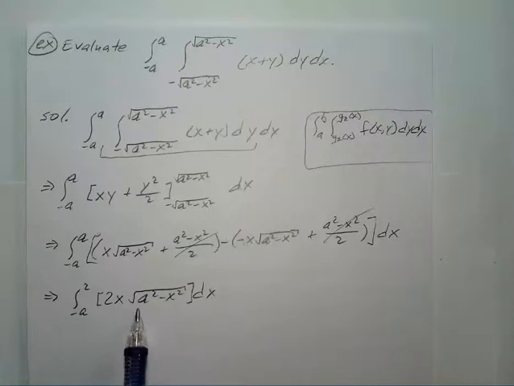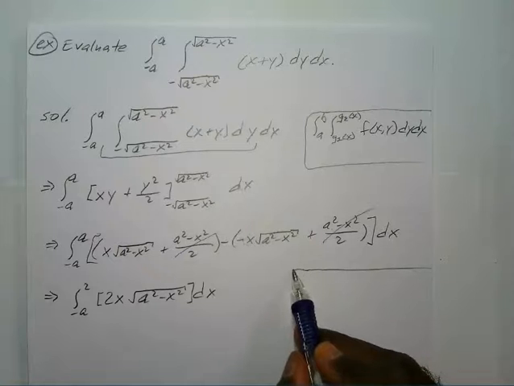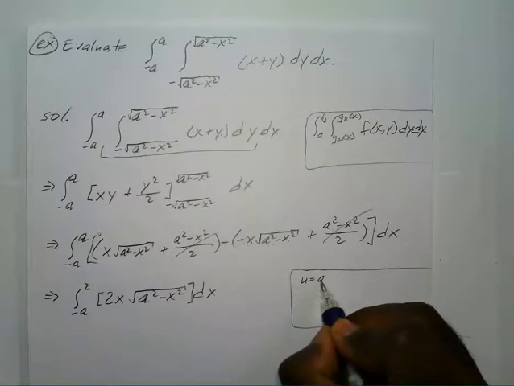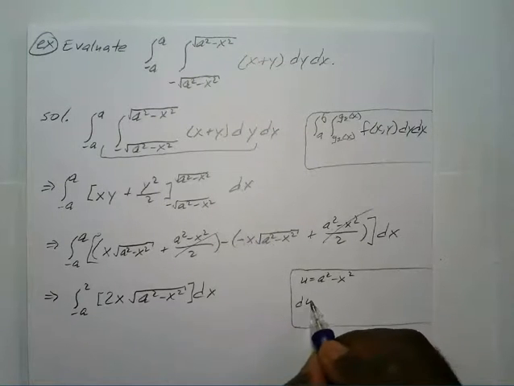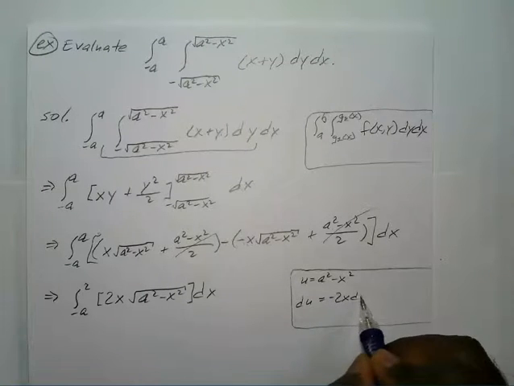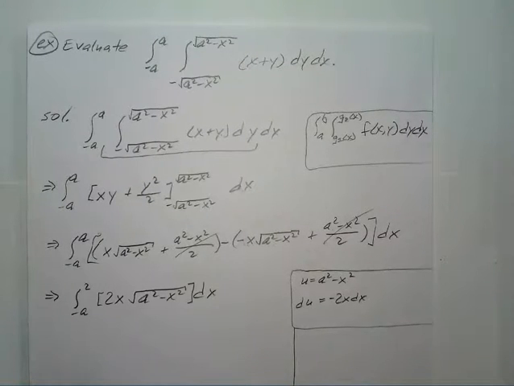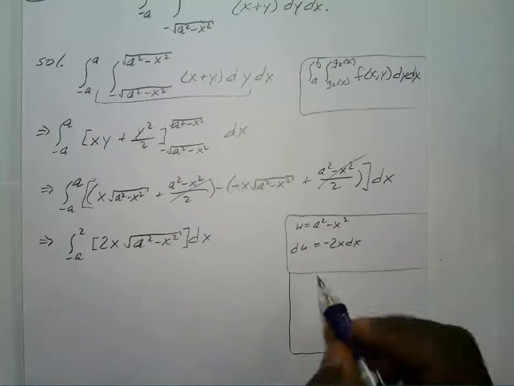Okay, so if we integrate this with respect to x, we go ahead and use u substitution. u is equal to a squared minus x squared. Then our du is going to equal negative 2x dx. Okay, so if we go right down on the side, just showing the work here so we don't fill up the page there.